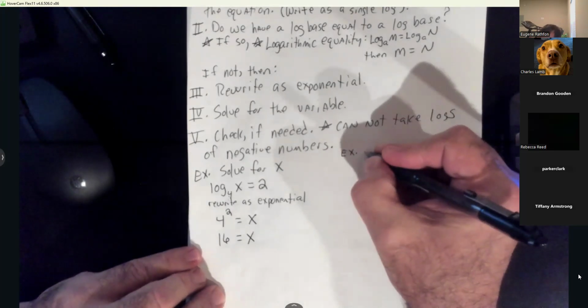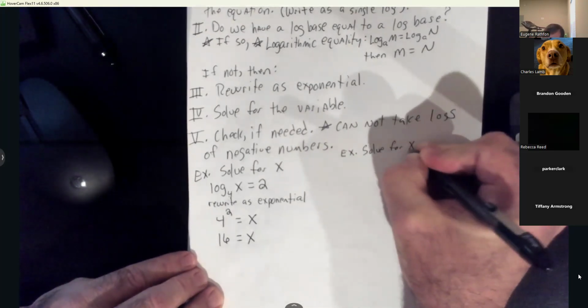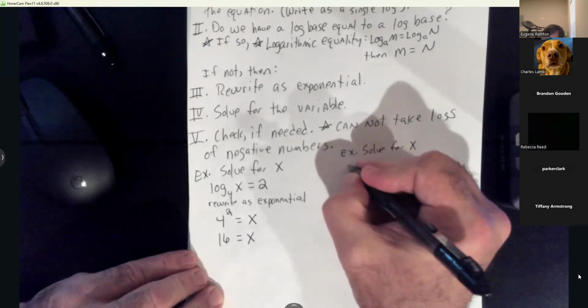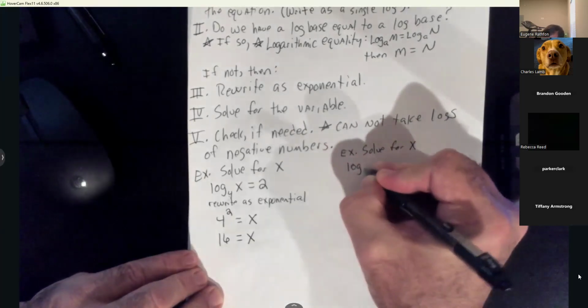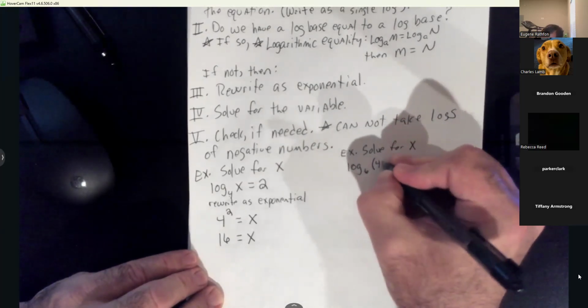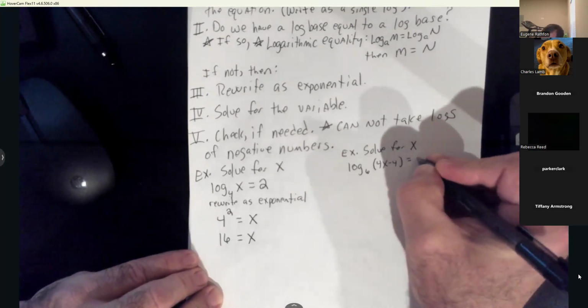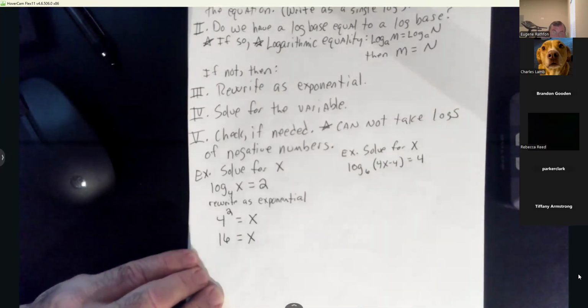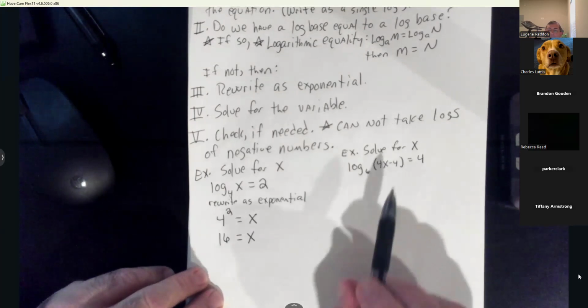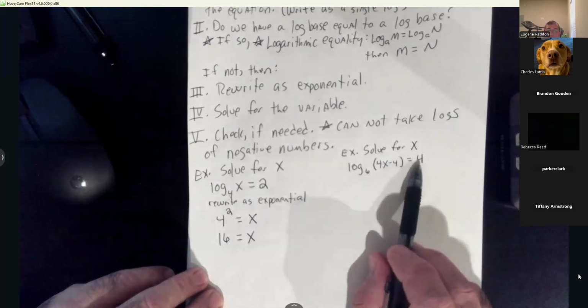Let's try one like this one. It's going to say solve for x again. All right, so they're giving me log base 6 of 4x minus 4 is going to equal 4. So y'all, it's the same as this one. You got one log equal to a number.